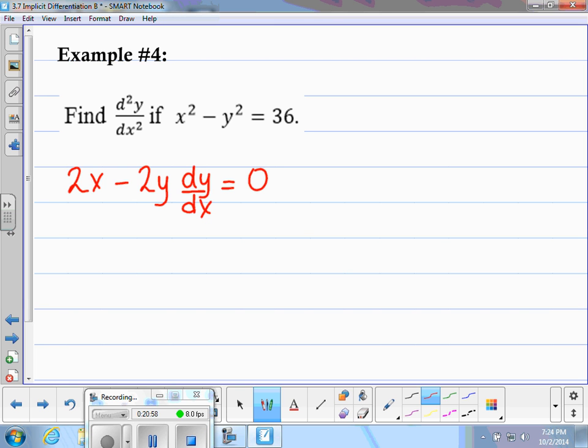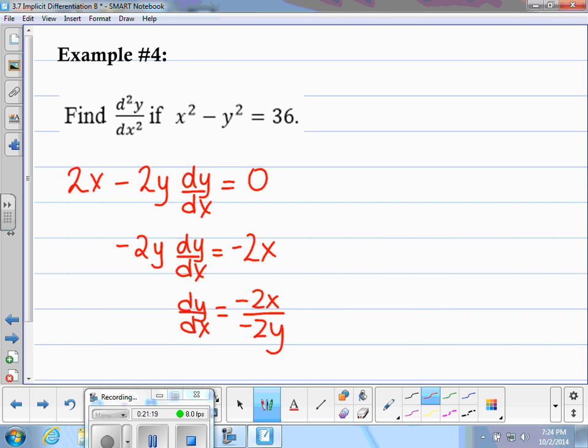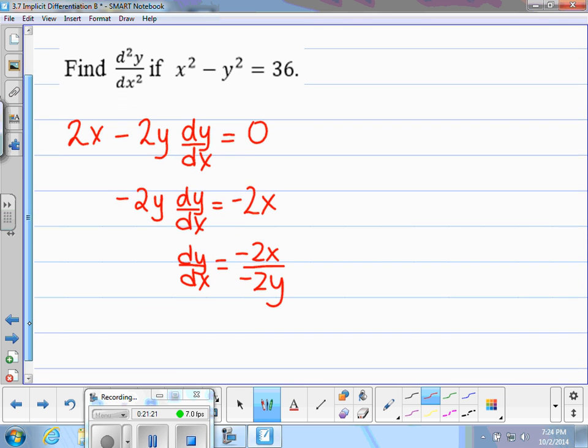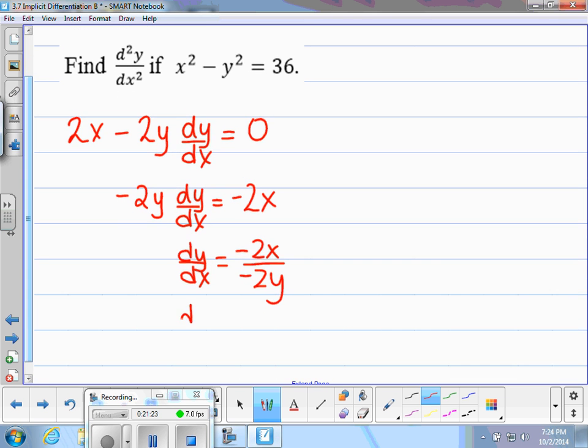Isolate the dy dx, so I get negative 2y dy dx equals negative 2x. To totally get the dy dx by itself, I got to get rid of the negative 2y by dividing. So dy dx equals negative 2x over negative 2y. I hope you can see that the negative 2 and negative 2 cancel out. So I have dy dx equals x over y.